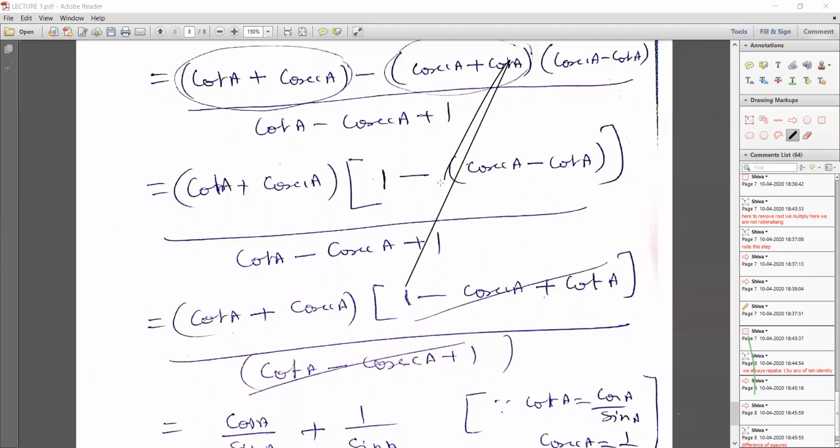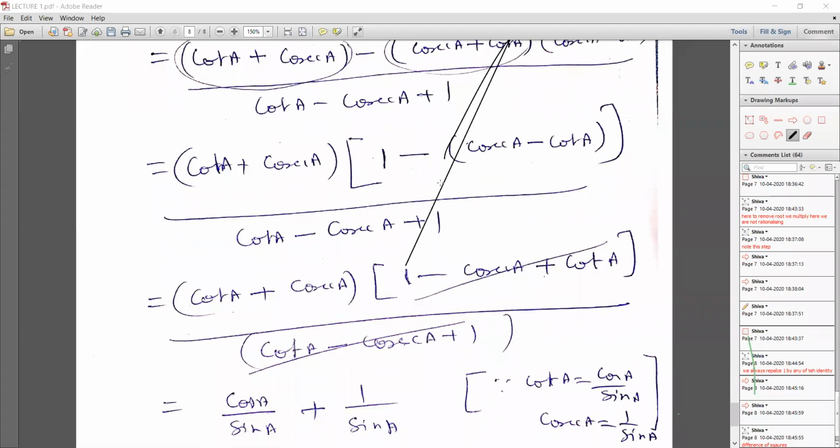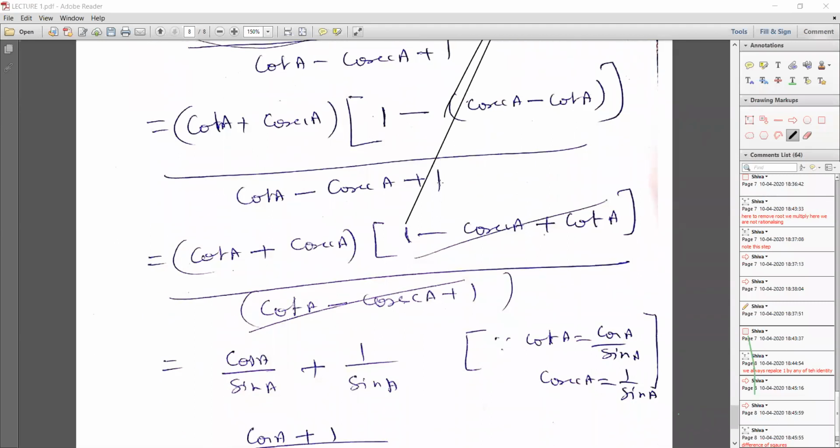Okay, this is a very important step. Now, in the next step, cot A plus cos A is written as usual, and I have just opened the bracket: 1 minus cosec A plus cot A, because minus into minus will make it plus, so plus cot A.